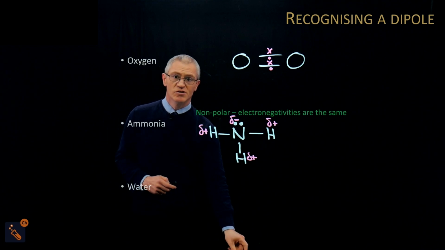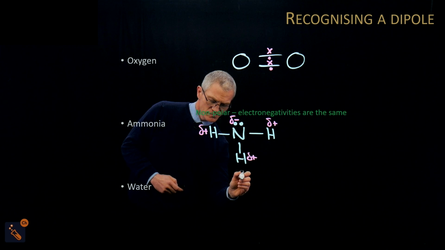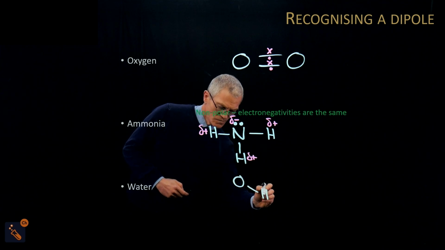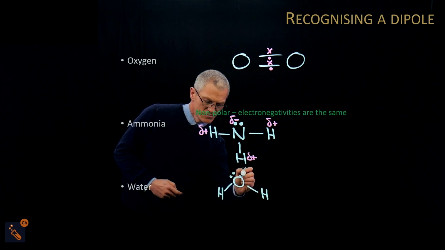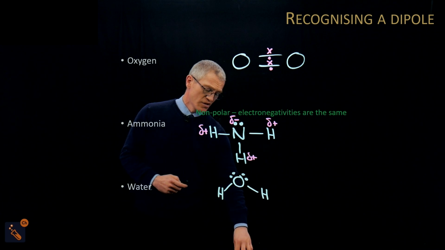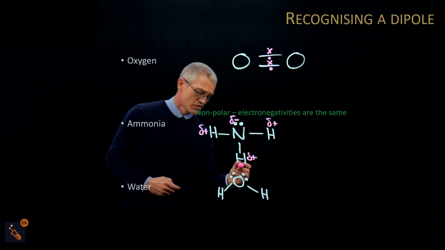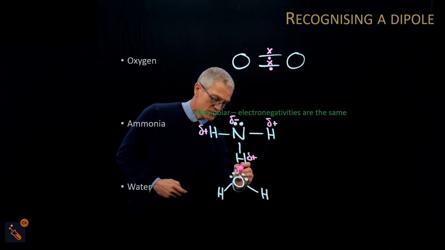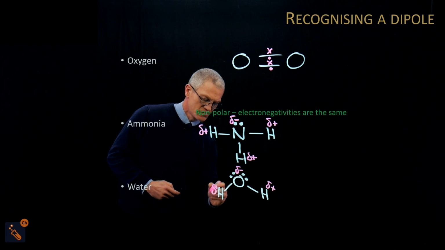Okay. Next one is water. Water again has two lone pairs, and O is in NOF, ClBr. So therefore this is going to be delta negative, delta positive, delta positive.